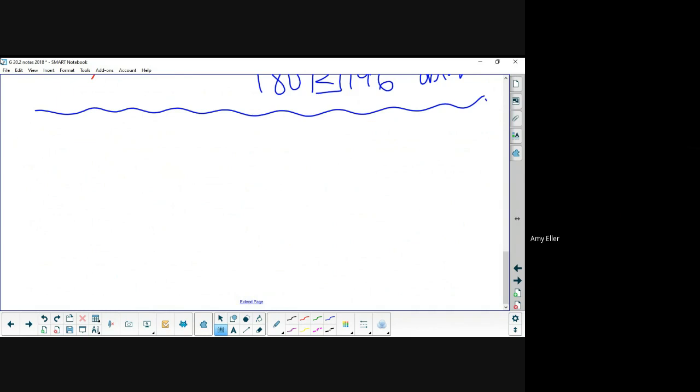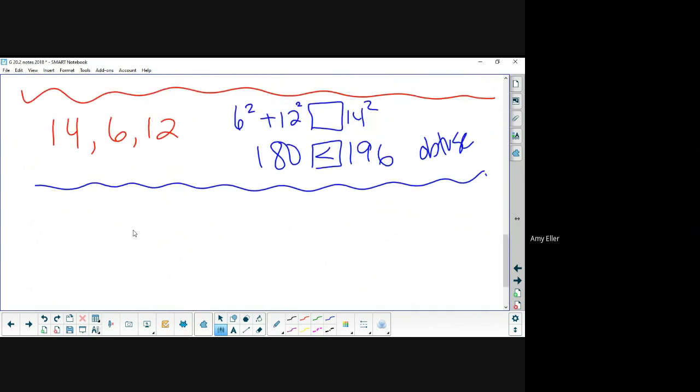I want to do one more. I'll give you numbers because there's a certain thing I want to see if we're understanding. How about 8, 10, 10? Before you do the work, will that make a triangle?